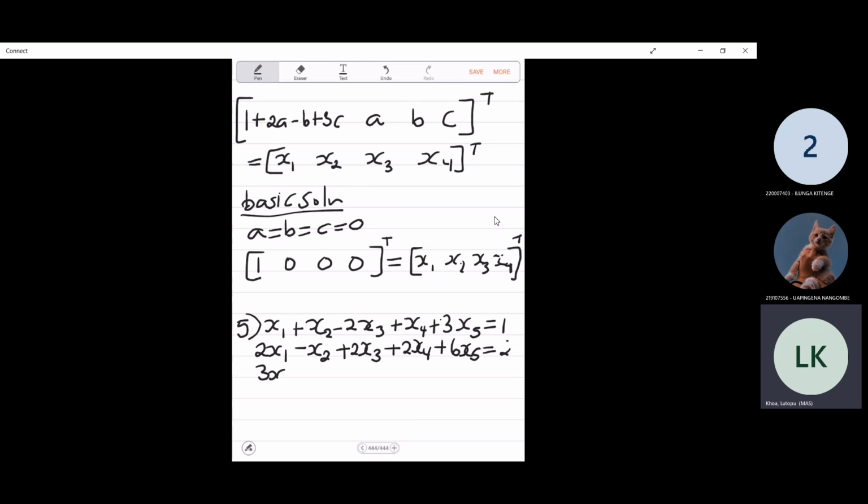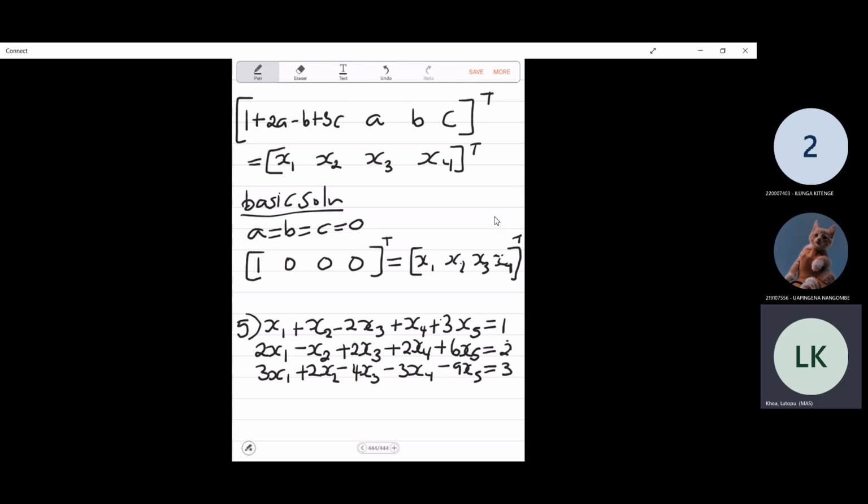Then we have 3x1 plus 2x2 minus 4x3 minus 3x4 minus 9x5 is equal to 3.